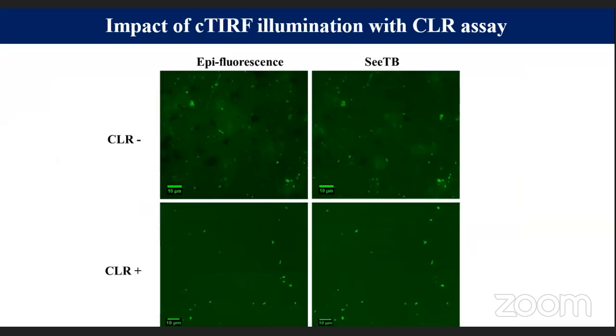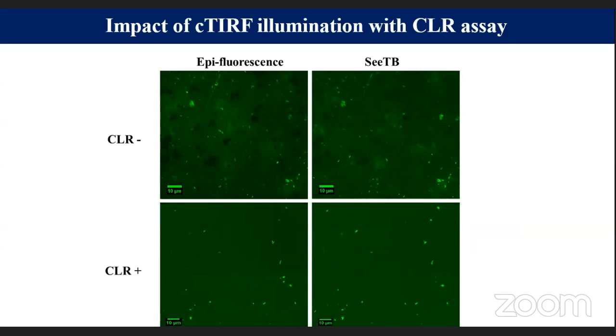This is the observation of a TB sample where we have not put CLR reagent and where we have put the CLR reagent. You can see that although the bacilli are visible in these images, the background is also visible. This was used in a fluorescence microscope, and this is in SeeTB. In SeeTB, although the background has improved, some of the background is still there.